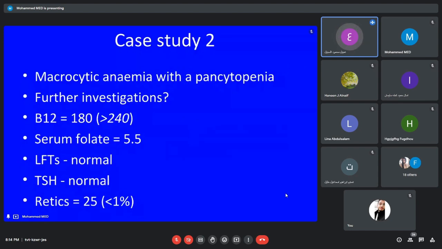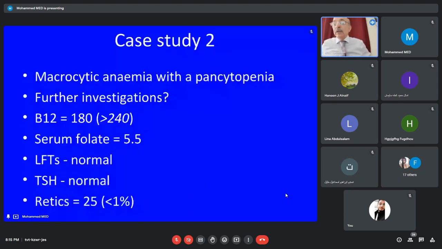And here is a question: why did the... because, as I said earlier, the folate can cause macrocytic anemia just like B12. You should always have in your mind a list of causes of all types of anemia, and the commonest two types of macrocytic anemia are folate deficiency and B12 deficiency.